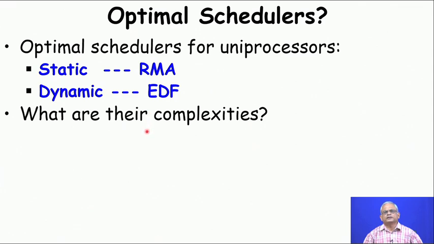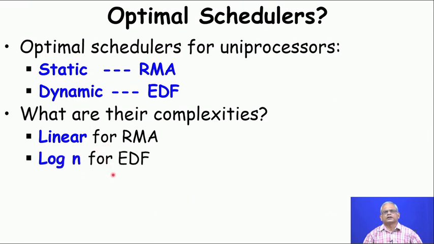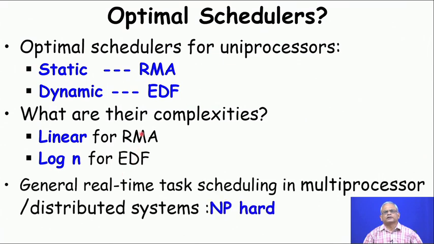If you look at the implementation aspects, it is linear for rate monotonic schedulers, because, if you remember, there are fixed priorities, and the implementation that we had could run the scheduler in O(n). So it is linear for rate monotonic and O(log n) for EDF, and even for rate monotonic we have a more efficient O(1) scheduler, which we also discussed.